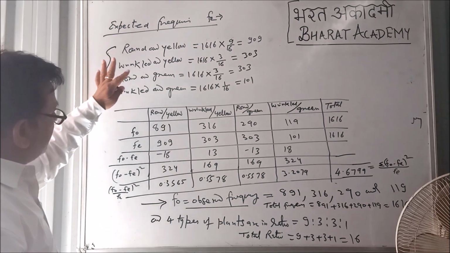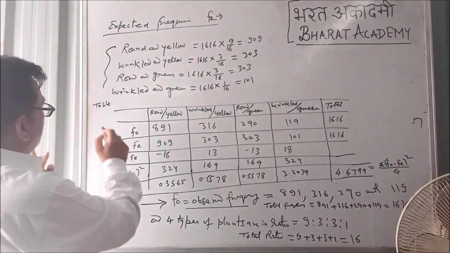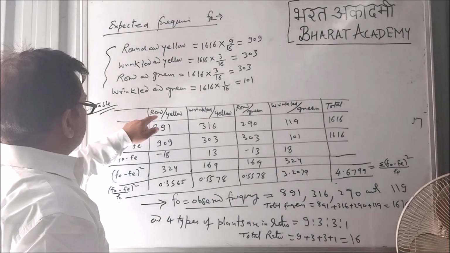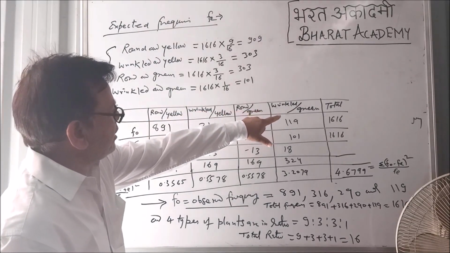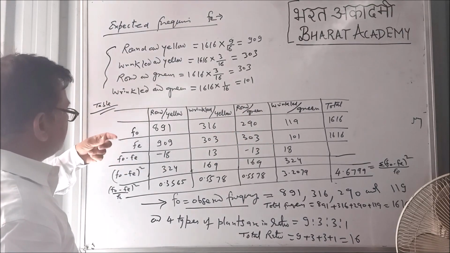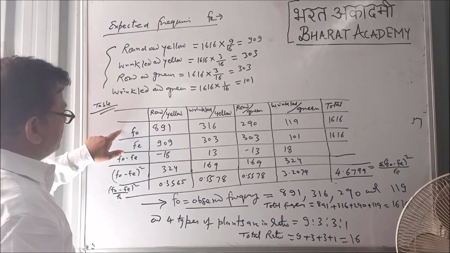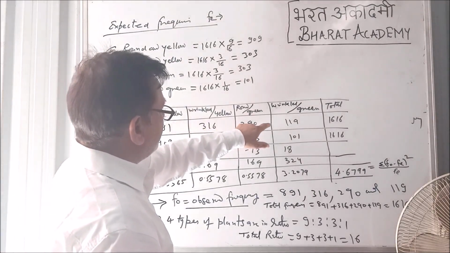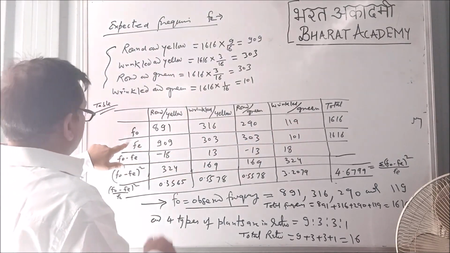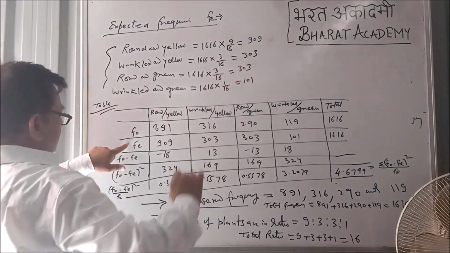On the basis of expected and observed frequency, we form this table. This is round and yellow, this is wrinkled and yellow, this is round and green, this is wrinkled and green, and all these are given. Observed frequencies were given 891, 316, 290 and 119. Expected frequencies, we have already calculated all these things.